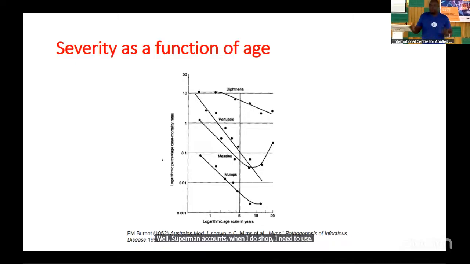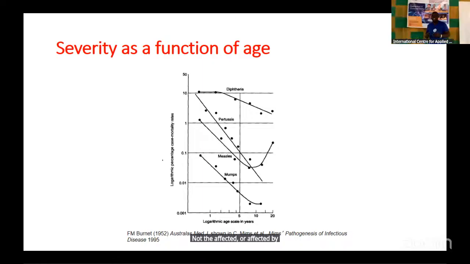Immunity may be lifelong, or it may be temporary. Especially when it comes to some childhood diseases, you find out that their immunity is lifelong. And then other ones do not have lifelong immunity, where your immunity may wane after some time. And immunity can be affected or influenced by so many factors.